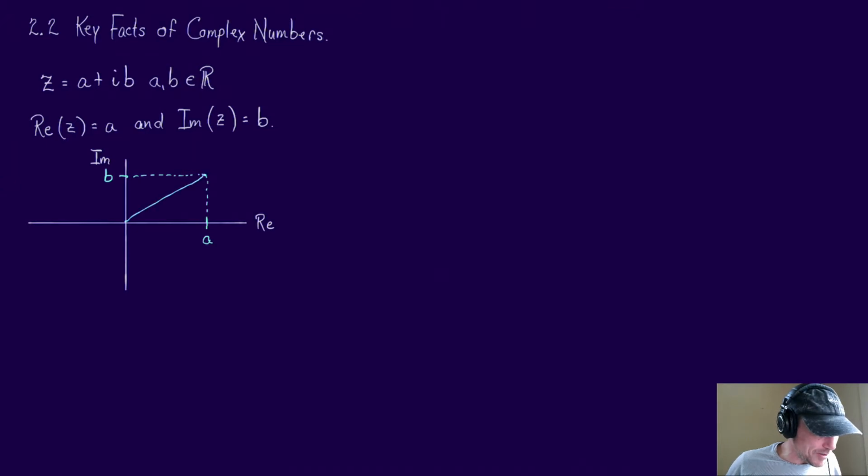That would be the number z. Okay, so let's write that. So this is the number z equals a plus ib. And when it's written this way, we say this is its rectangular form. This is the rectangular form of z.